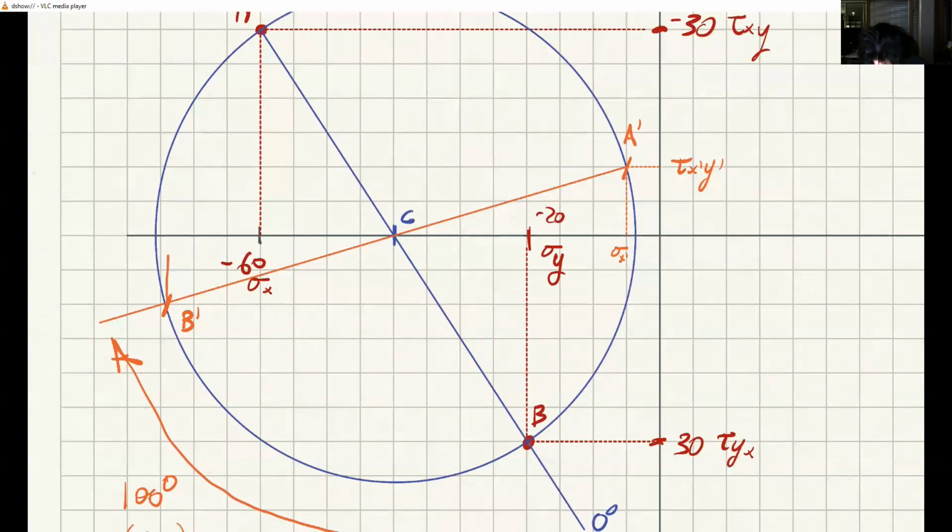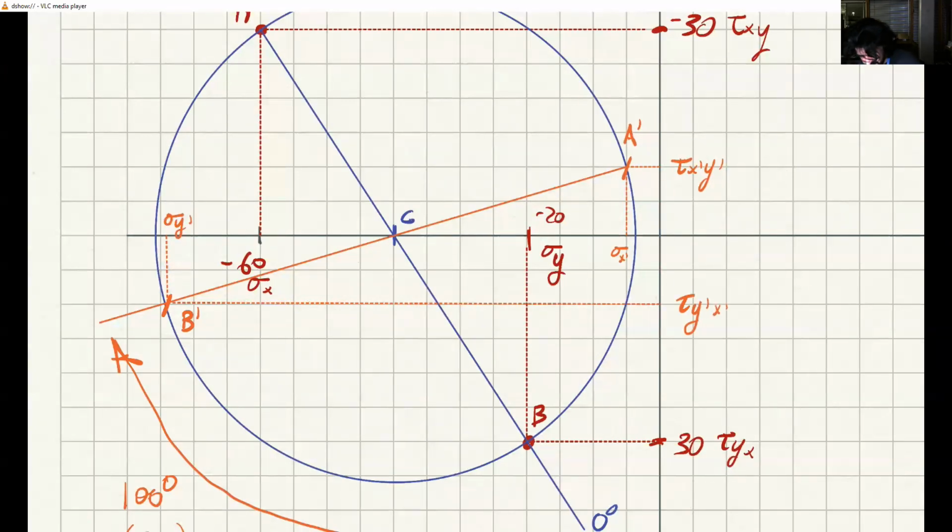And B prime has coordinates sigma y prime and, of course, tau y prime x prime, which must be exactly the same as tau x prime y prime.